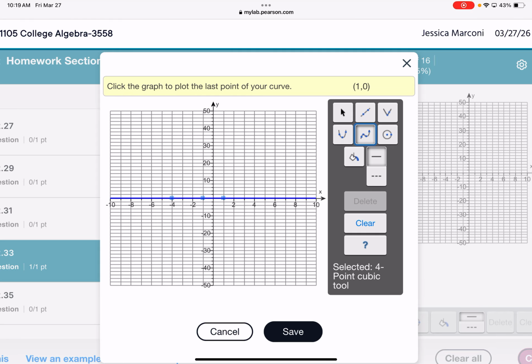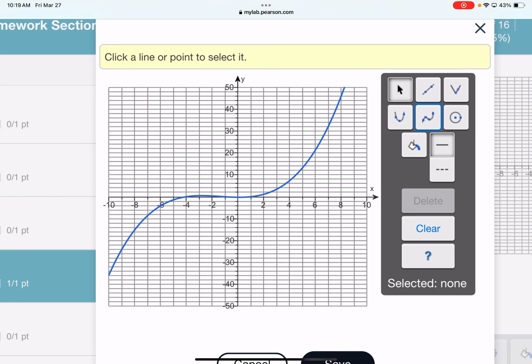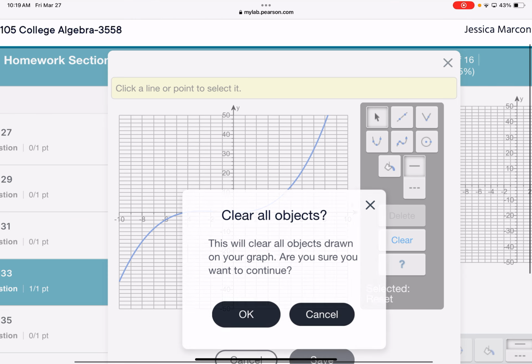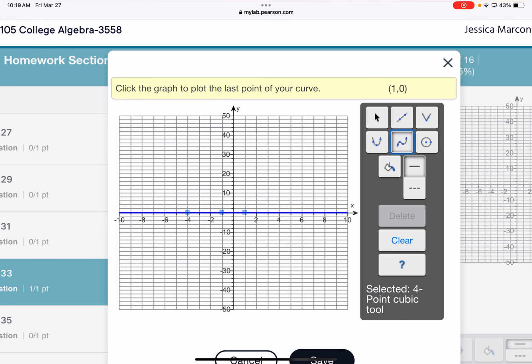Okay, so there's my 3 intercepts. Sorry, I accidentally hit the button. -4, -1, 1. Okay. Now, because this one has 3 intercepts, I really only need one more point. If it only had 2, you might need to find 2 more points. But I just need one more when it has 3.